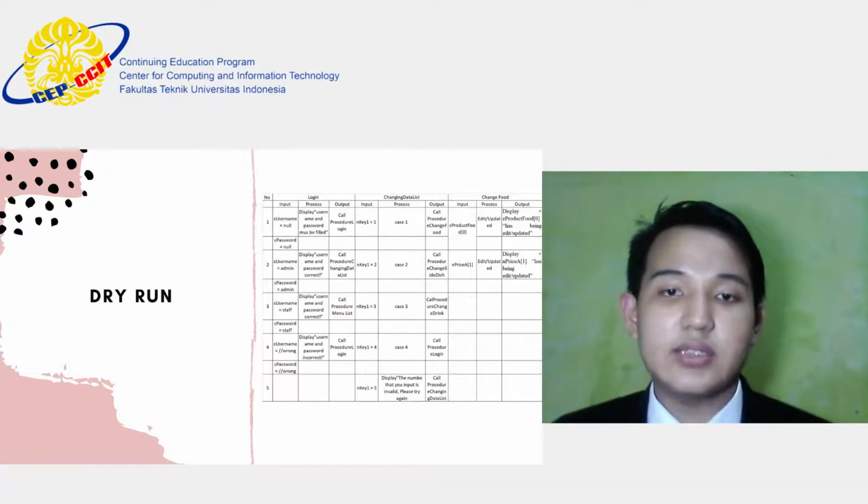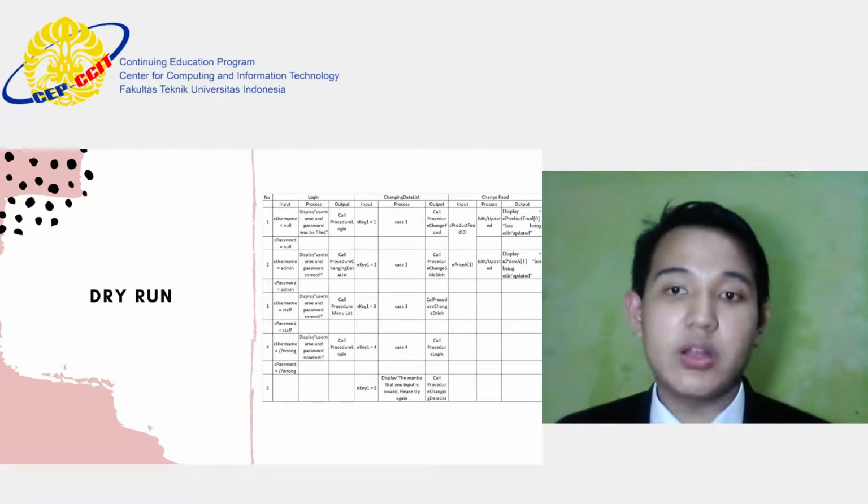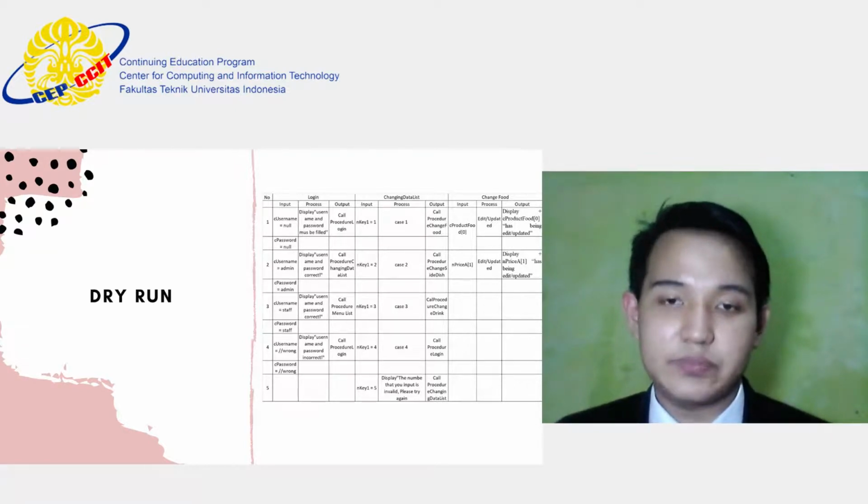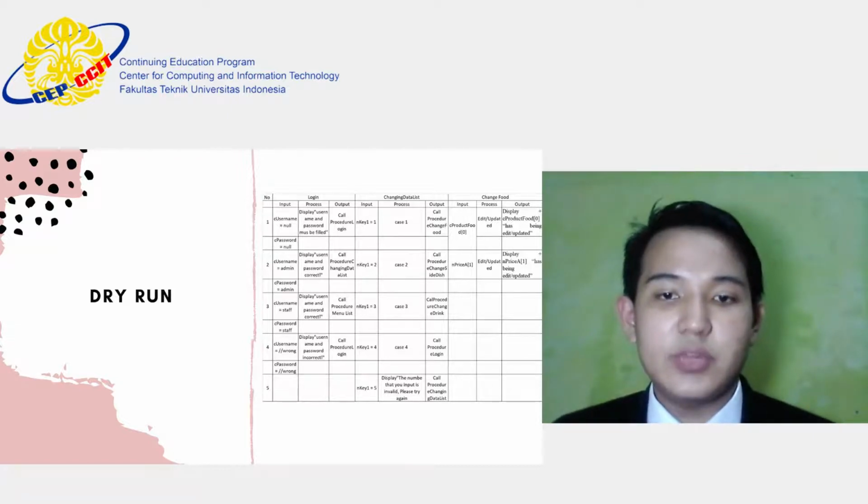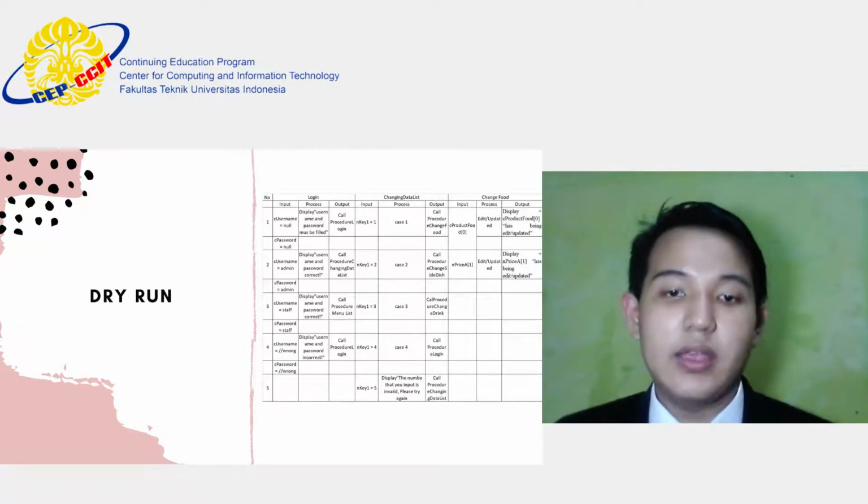The second case, if C username admin, C password admin, the process will display username and password correct, output call procedure changing data list. The third is if the input C username and C password is staff, the process will display username and password correct, the output call procedure menu list.